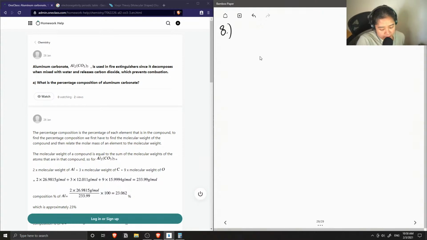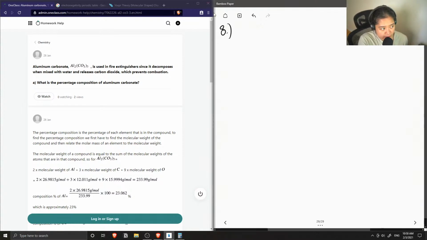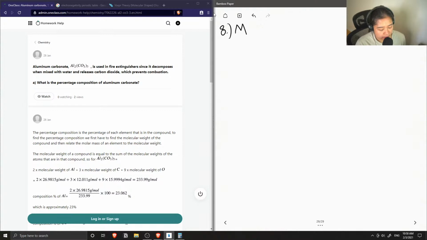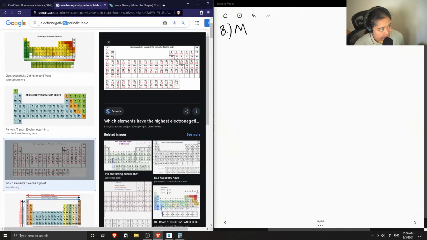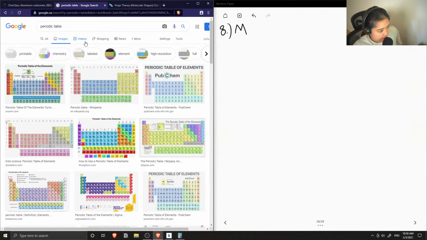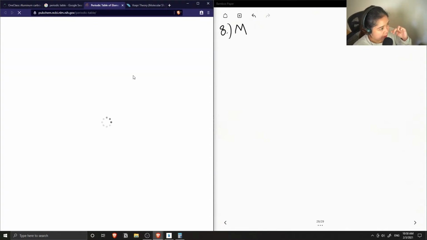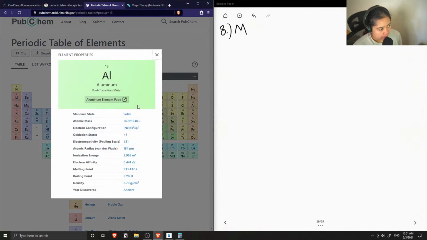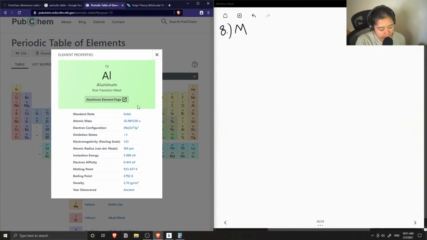Okay, so to answer this question, we would need all of the individual atomic masses of the atoms involved in aluminum carbonate. So we can look their values up on the periodic table. I don't know aluminum's off the top of my head, so if we looked up the molar mass of aluminum, it's around 26.98 grams per mole.